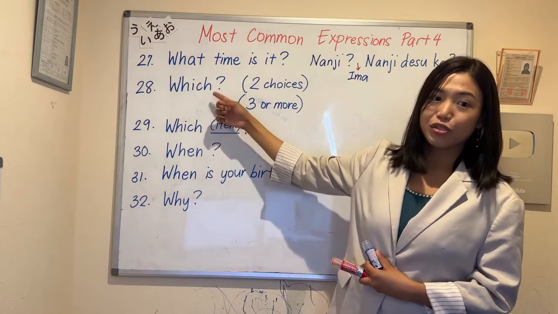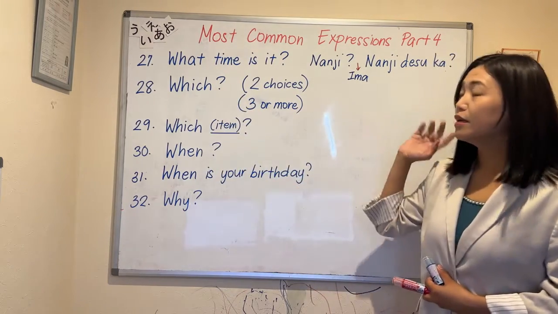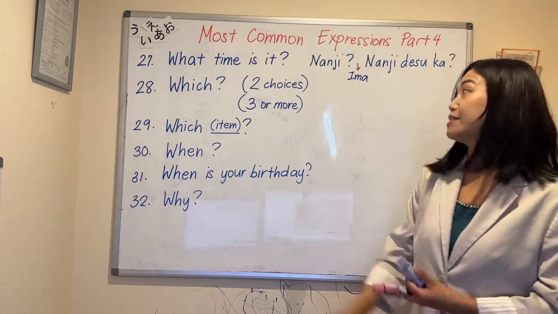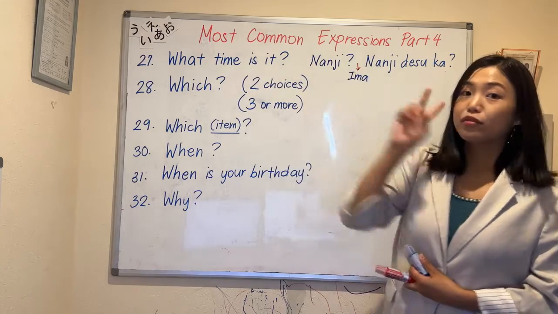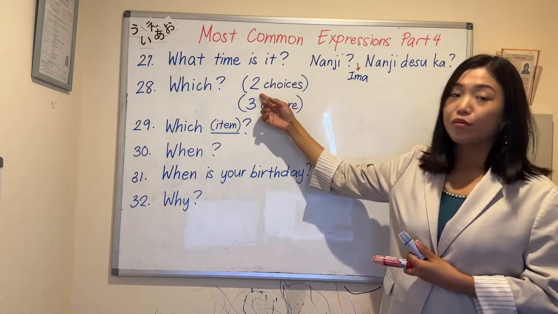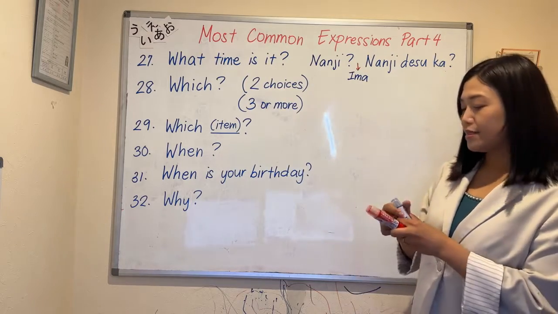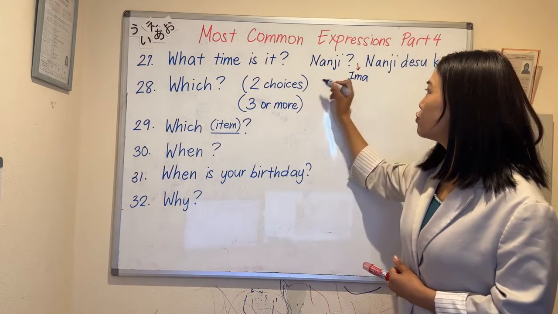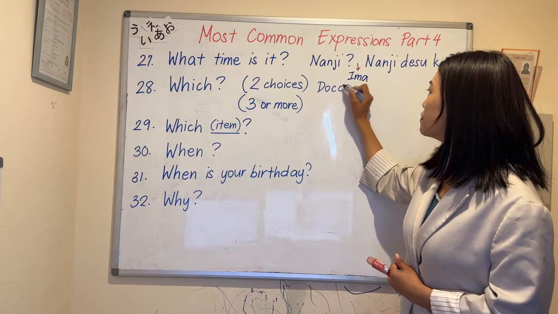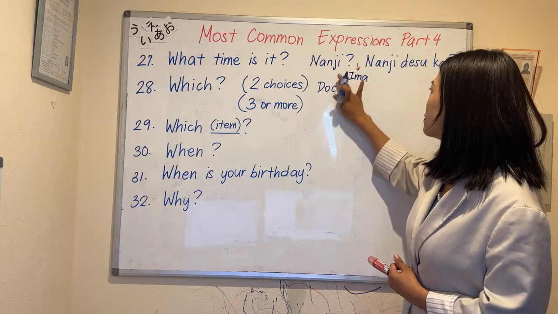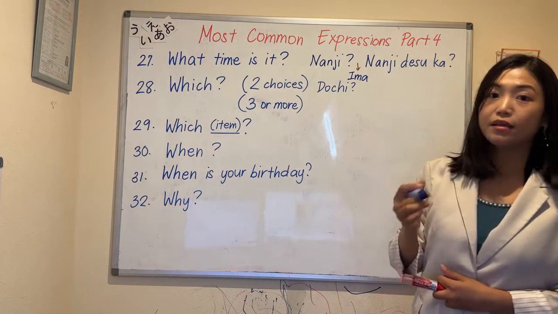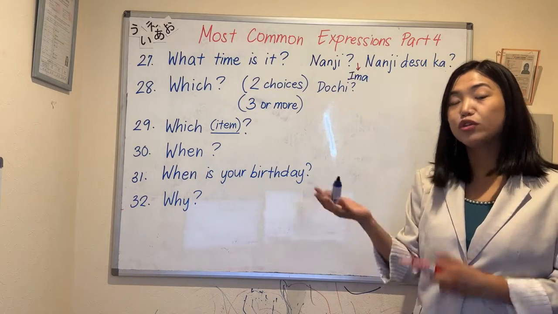Next is which. For which, there are many different expressions depending on the number of choices. If you have 2 choices, so you're asking which one is it, between the 2 choices, you want to ask in the casual way, dochi, which one is it?